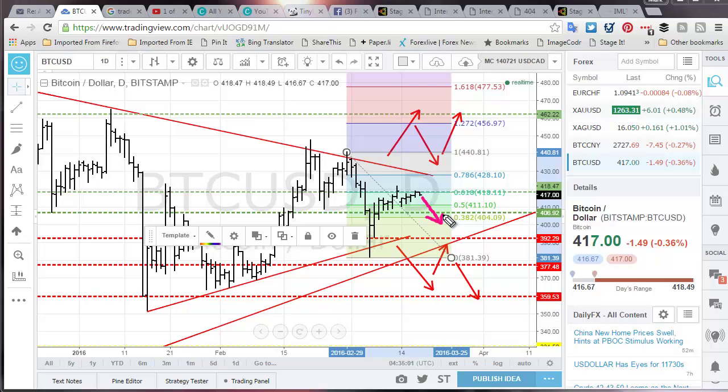However, if price does break through the 618, it's then going to test the 786 here, which happens to coincide with the downtrend line.